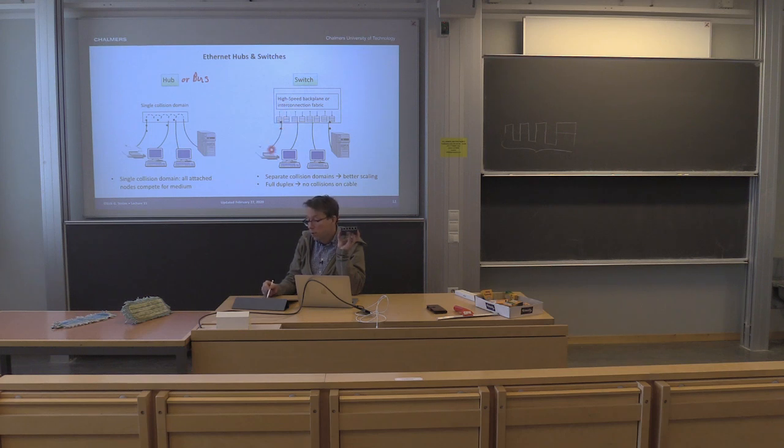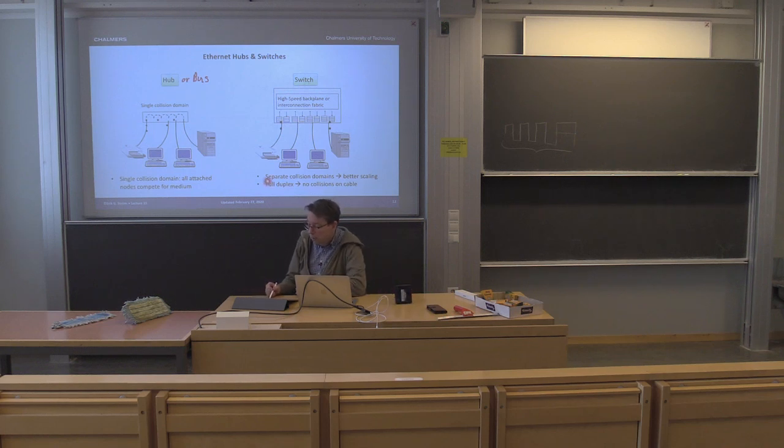So the cable is either full duplex or half duplex. Full duplex is most likely today, which means that data can go in both directions over this cable without interfering with each other. And in that case, there is no need for medium access control anymore, because all the collisions are taken care of by the switch.